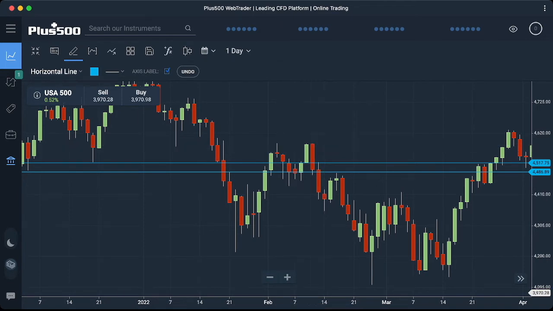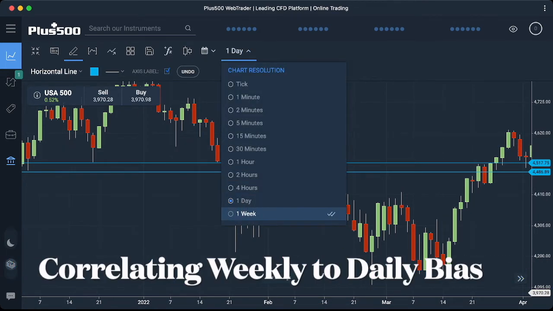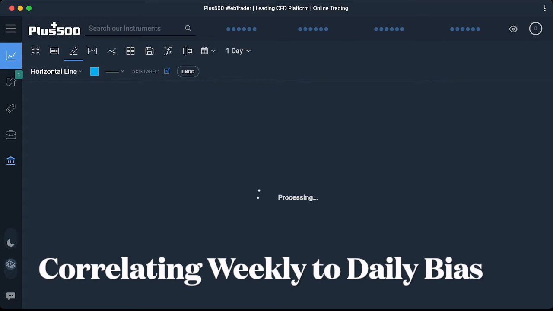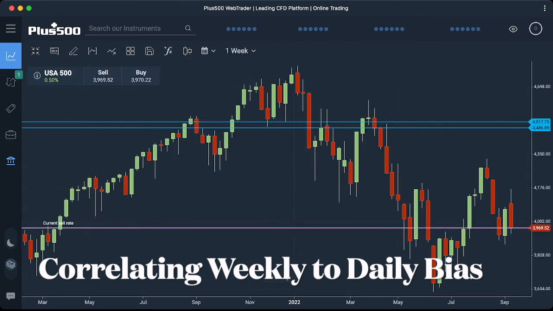So if I go to the weekly chart just to show you how we can correlate these together, you can see from the high of this weekly candle, we are pushing the price to the downside and we are breaking this short-term low. So then weekly market structure is getting shifted, and this is very important.